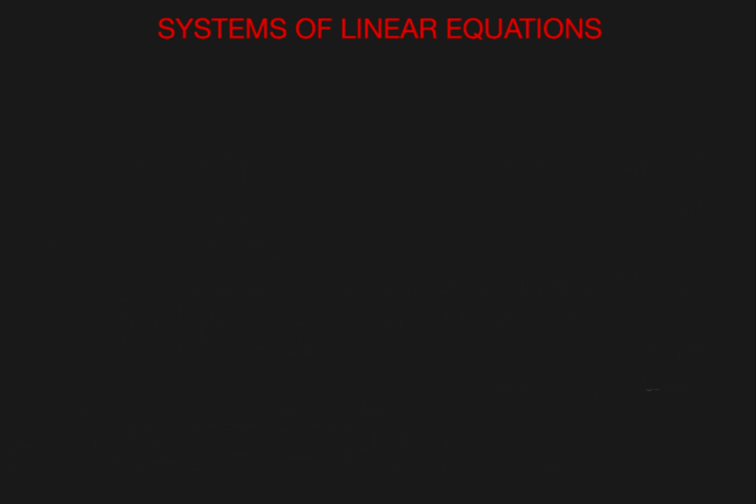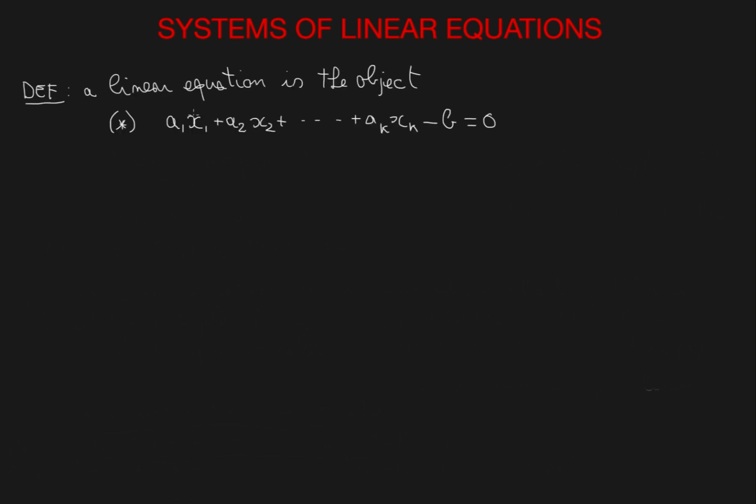In order to define what a system of linear equations is, we need first to define what an individual linear equation is. So here's the definition. A linear equation is the following object. It is a string a1 x1 plus a2 x2 plus so on, ak xk minus b, and then an equality symbol, and the number 0 on the right hand side.